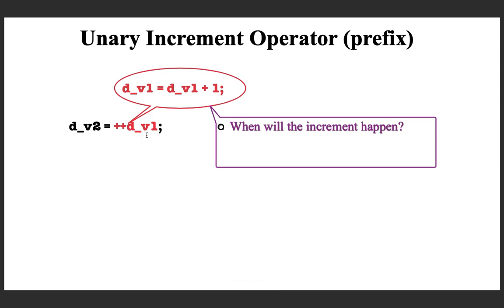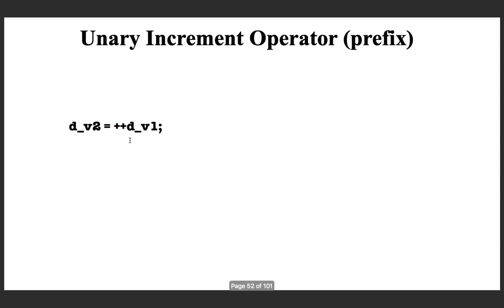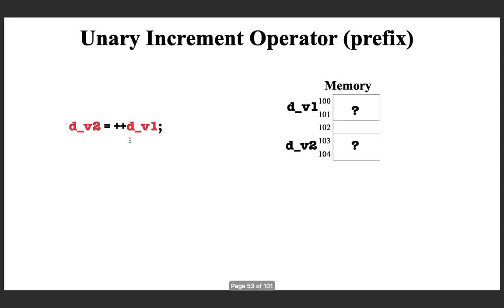So we have to see, when you are using it in the RHS, when the increment will happen, before the execution of the halt statement or after. In this statement, again there are two variables getting allocated like this, and assume that the RHS variable is holding the value 10. Now let us try to understand how this execution happens.